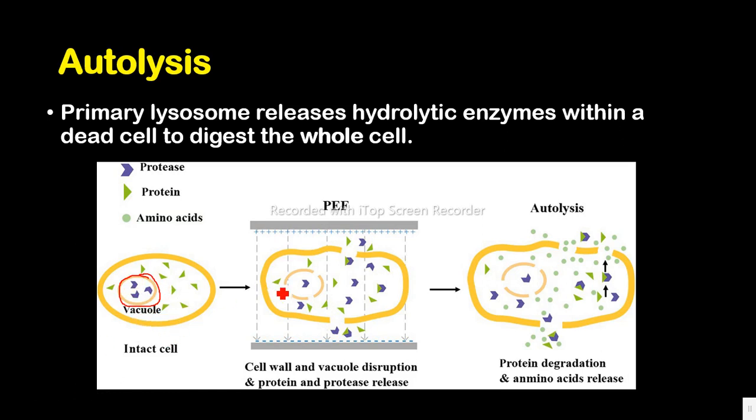Now, since this cell is misbehaving and you want that cell to die, you instruct the release of these enzymes, these proteases. These proteases will accumulate in the cytoplasm and break down everything that is made up of protein into amino acids.